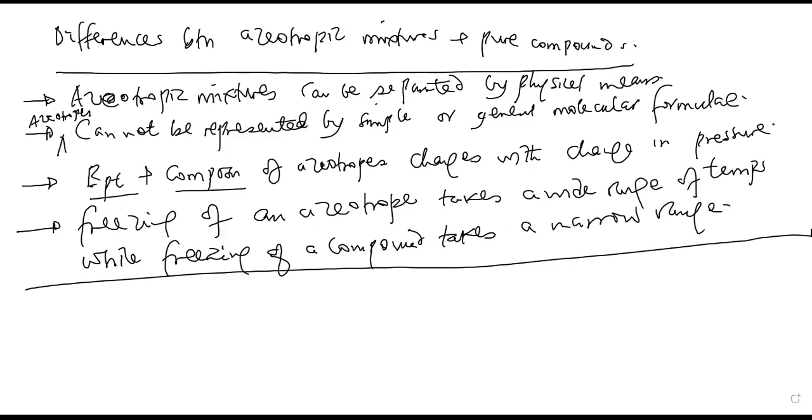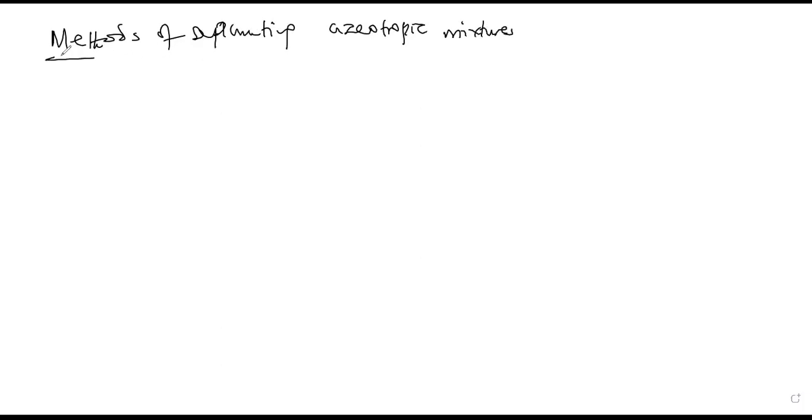Now, I'm going to summarize for you the methods of separating these azeotropic mixtures. There are three methods.